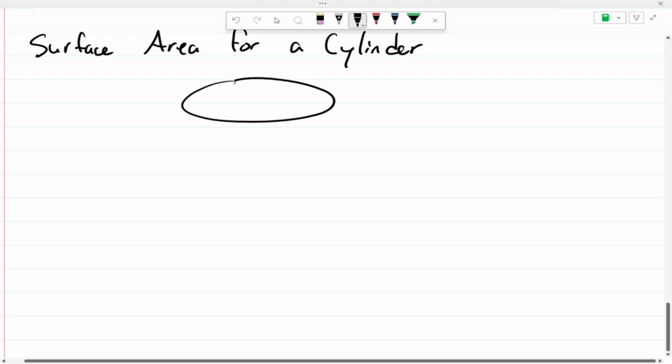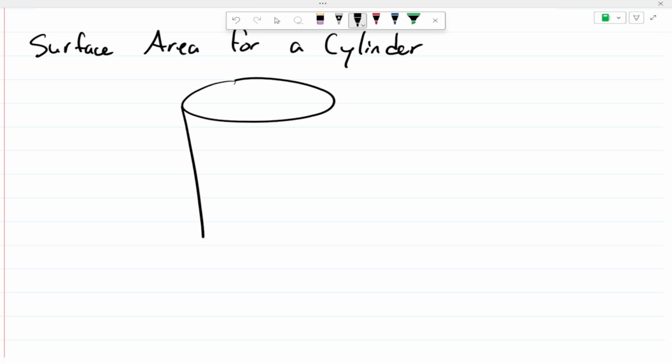So it has a radius or a circle up top. Then it comes down. And it has another circle on the bottom. So it's a can. If you think of a can, it's exactly what it is. All cylinders have a height. And they also have a radius.